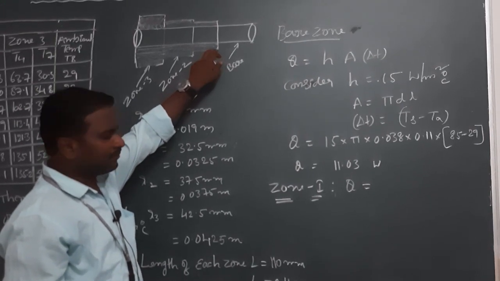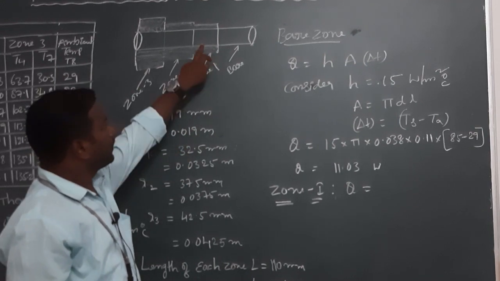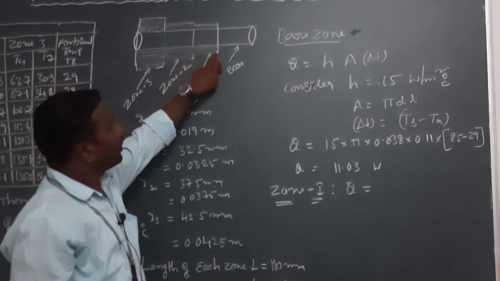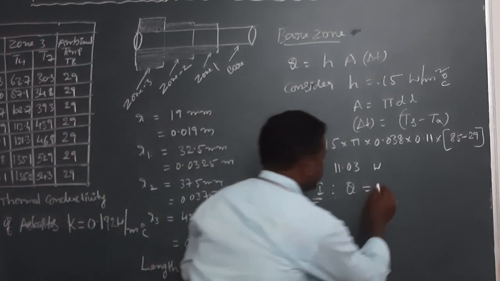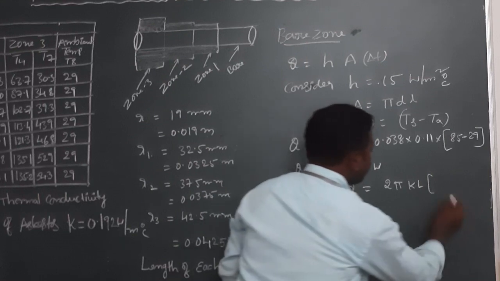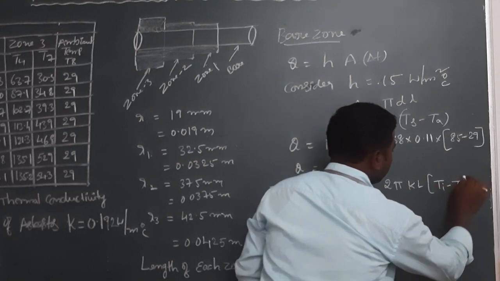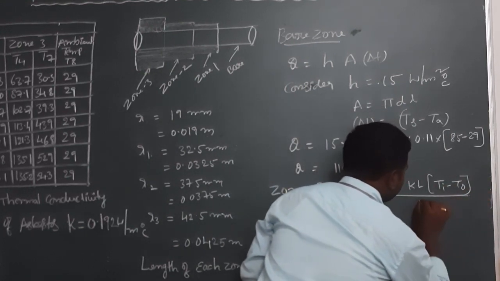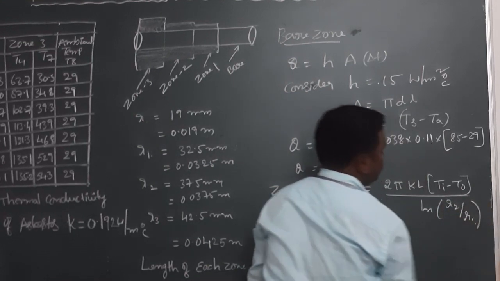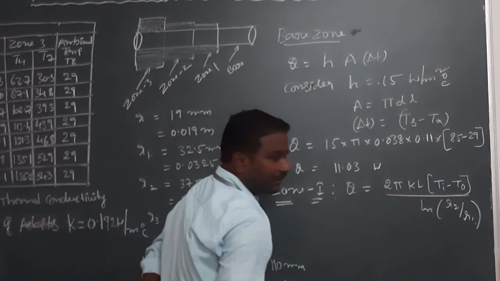Apply the cylindrical coordinates: Q = 2 pi k L into temperature difference (Ti minus T naught) by ln of R2 by R1. This formula is derived from cylindrical coordinates.